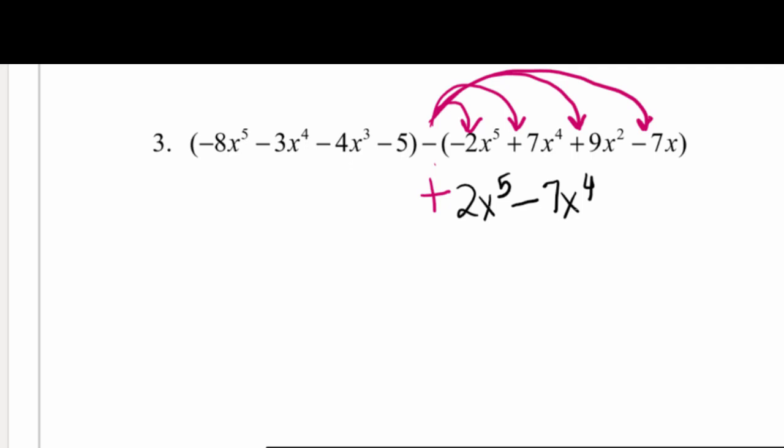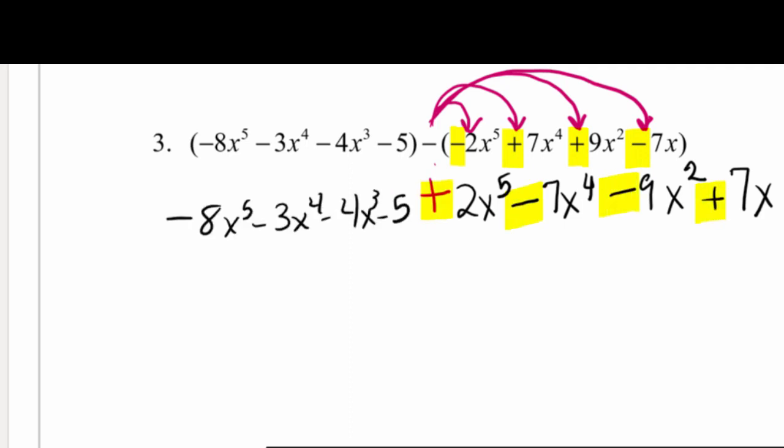And if we're subtracting a positive 9x squared, that's equivalent to adding a negative 9x squared. And if we're subtracting a negative 7x, that's equivalent to adding a positive 7x. So notice how every single sign, and you want to make sure you don't miss one, every single one of our original signs is now changed to the opposite. So I just rewrote that.